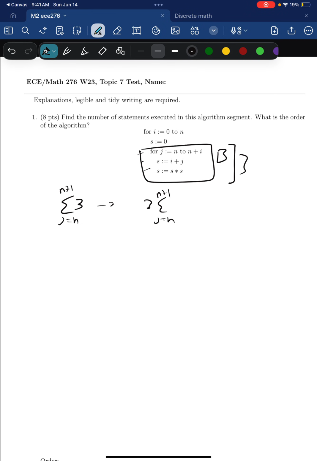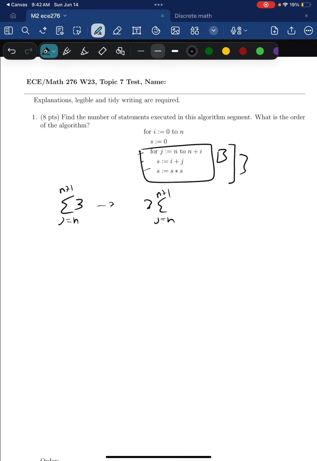And what you can do now is just put 3 and then do the parentheses or whatever you want to do. Then you can go n plus 1 minus n and plus 1. These two cancel out. You get 3, 2. Okay, so you get 6 for this. Oh no, my bad.